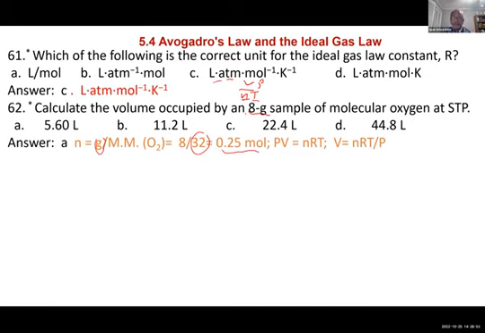That's 0.25 moles of oxygen, O2. Now they're asking for volume, so you do a calculation. Rearrange this equation to solve for V. This value is given, this value is known, and this value is known, so you get the volume. That number is 5.6. That's A. That's the ideal gas law calculation.